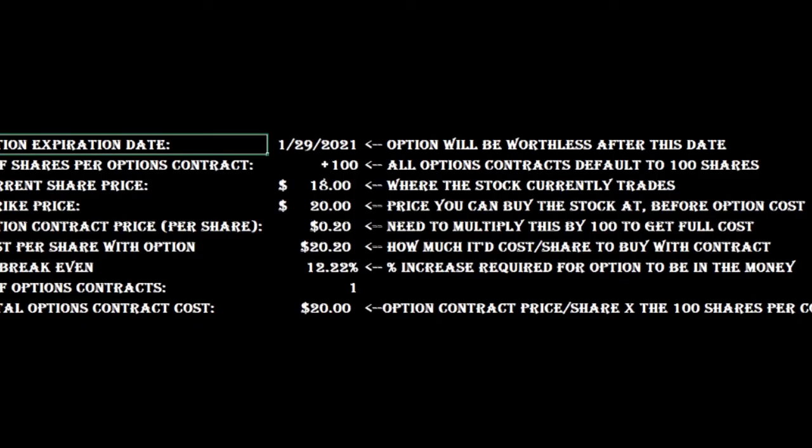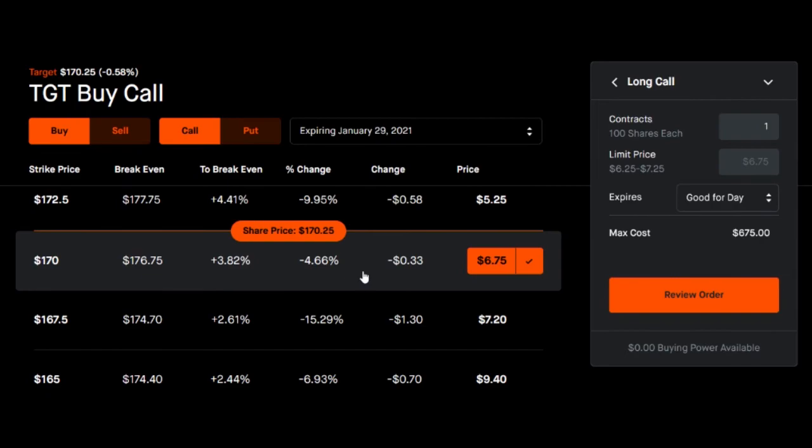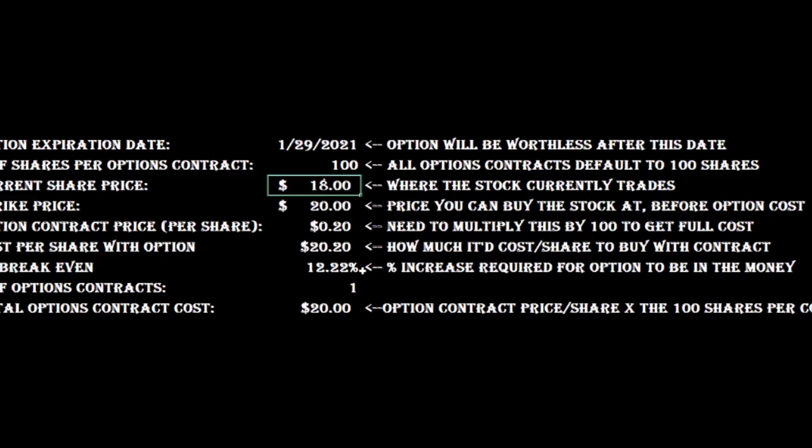So we have the 100 shares per contract, that's always going to be true. And we can say that the current share price is 170.25. So we're going to plug that in. 170.25. The strike price was 170. That's the price that we would have the option to purchase it at.